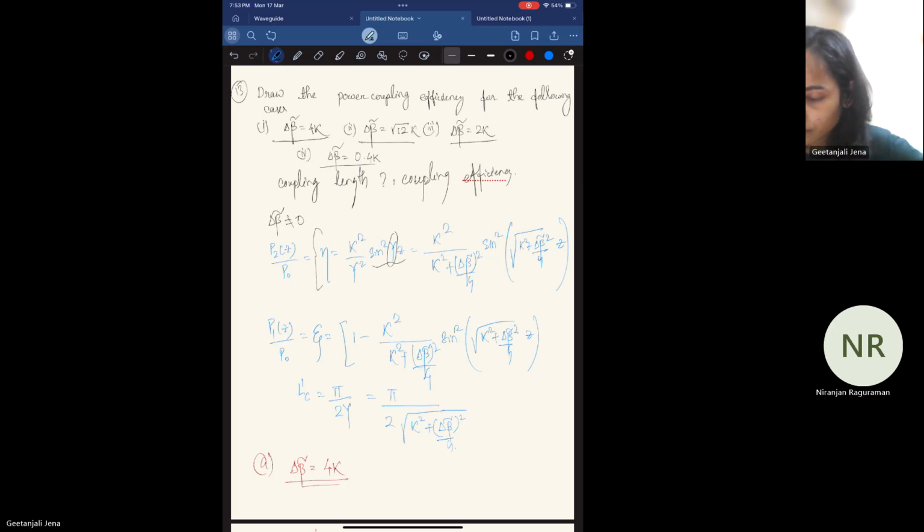Okay, so there is a gamma square here also. If you take the maximum, this is kappa square over gamma square. So when delta beta increases, gamma increases, eta will decrease. So the coupling length will increase. Yes, you are correct.